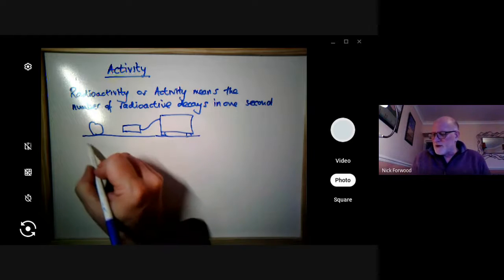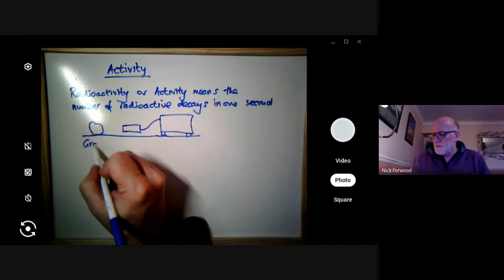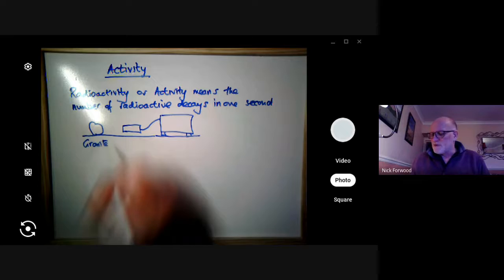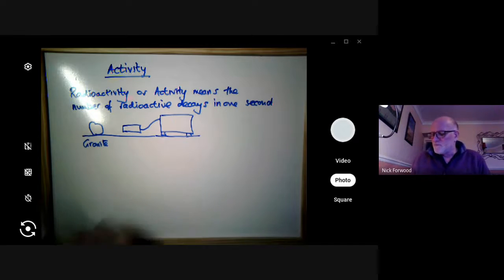So this is granite, for instance, could be some other radioactive material, and you've already seen some radioactive samples. You'll see some in the videos as well. They're in little tiny metal cylinders with a spike out the other end for holding, and they contain radioactive material.